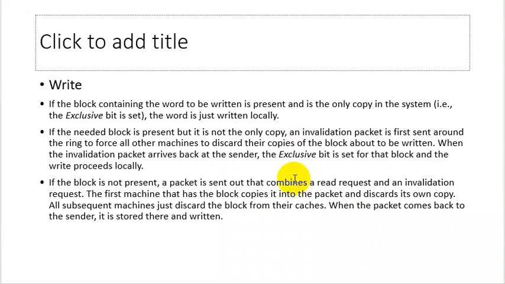Once the requesting processor becomes the exclusive owner, it safely updates the data. If the block is not available locally, the processor first retrieves it and then invalidates other copies before performing the write. This process guarantees that only one processor modifies a memory block at a time, ensuring consistency across the entire system. Thank you.